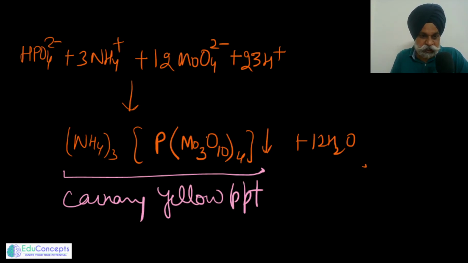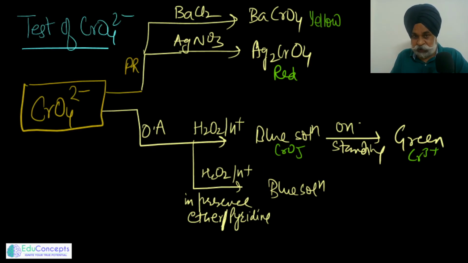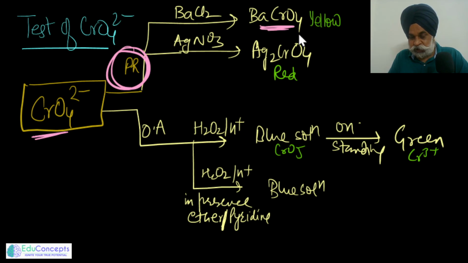Now coming to KMnO4 and K2Cr2O7, for which you mostly have good knowledge because of the presence of K2Cr2O7 and KMnO4 in your CBSE syllabus. The chromate ion can be detected by precipitation: barium chromate is yellow, silver chromate is red, and silver dichromate is an even more intense red.